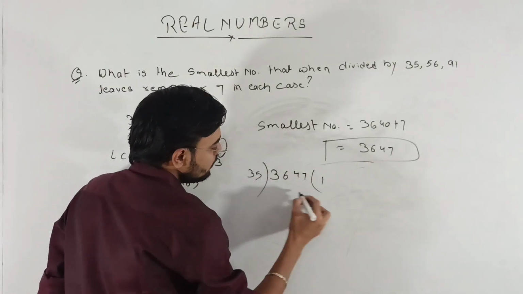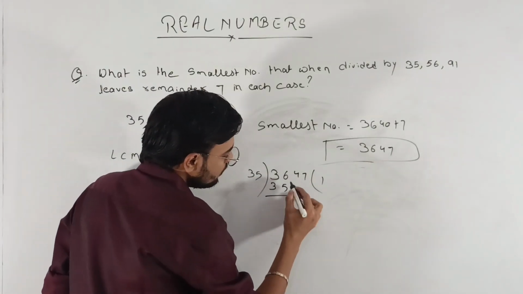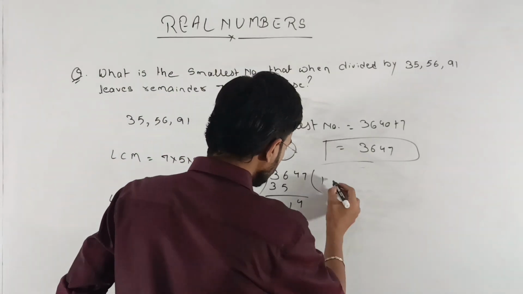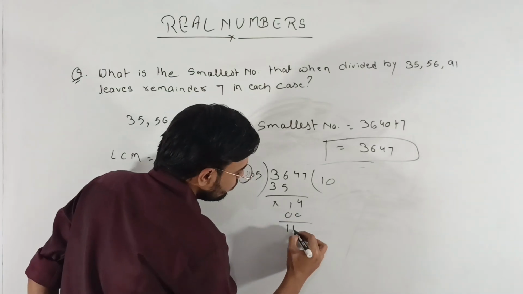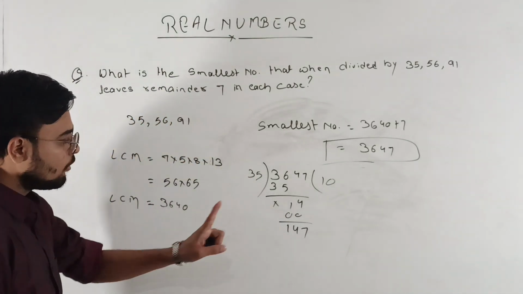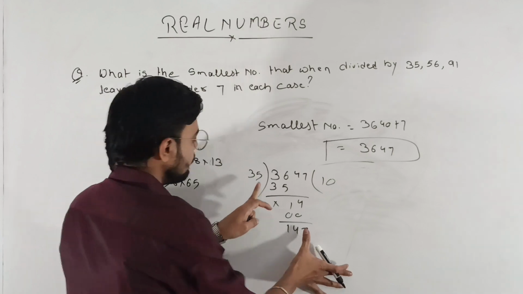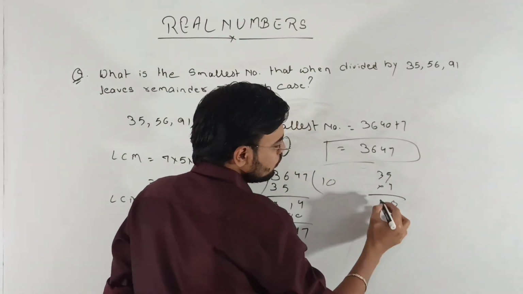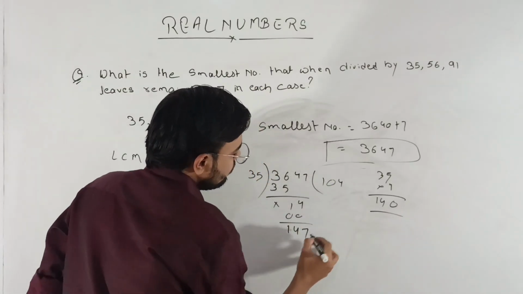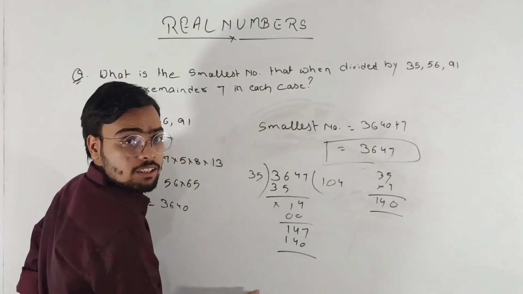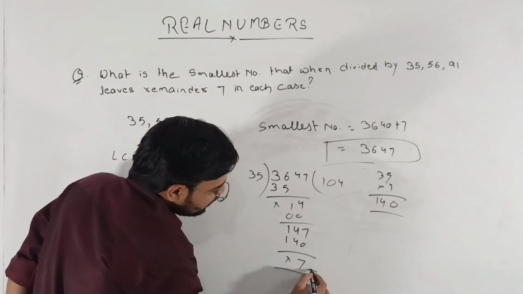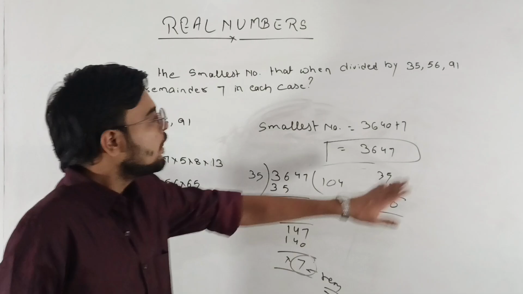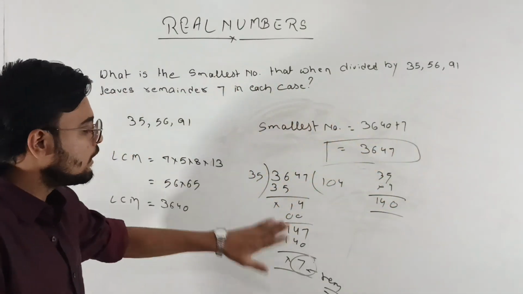Now 35 into 1, 35 into 4 is 140, and 3647 minus 3640 gives 7. Look, the remainder is 7. It leaves remainder 7. And if you check by dividing by 56 and 91, then you also get remainder 7.